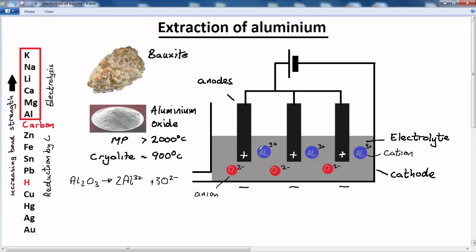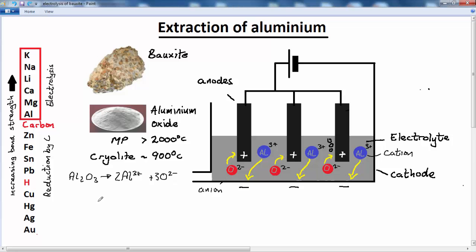So the positive aluminium ions are attracted to the cathode. They move down this way, which is the casing of the electrolysis cell, and likewise the negative oxygen ions are attracted to the anodes. Negative is attracted to positive. First let's see what happens at the cathode. Here the aluminium ions are attracted to the negative cathode, and when they reach it each ion gains 3 electrons to form aluminium.